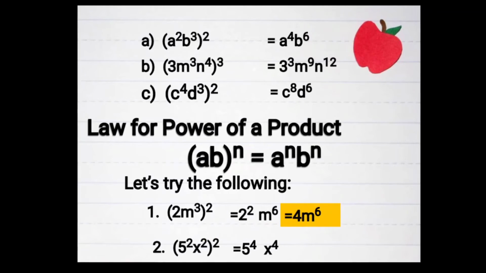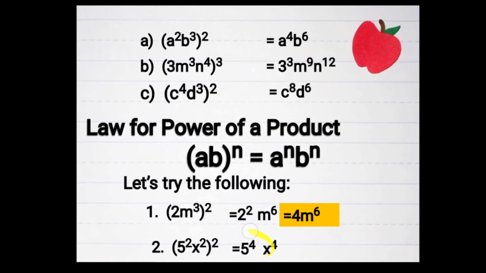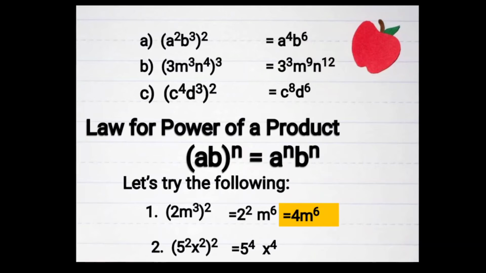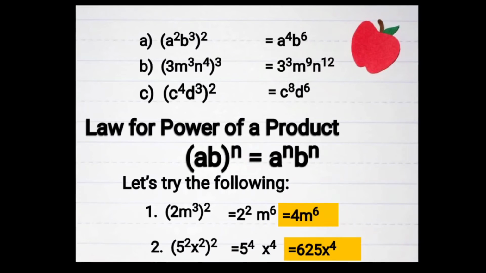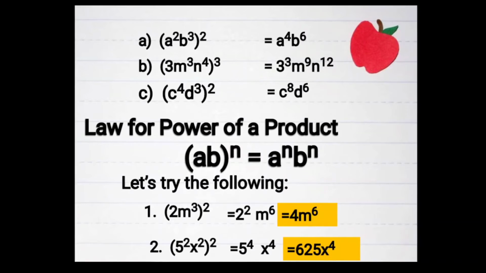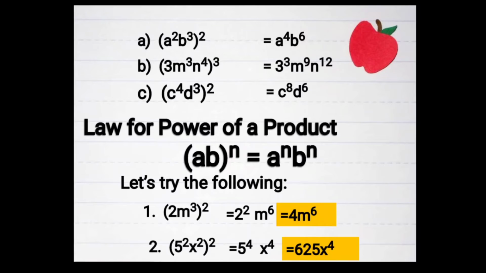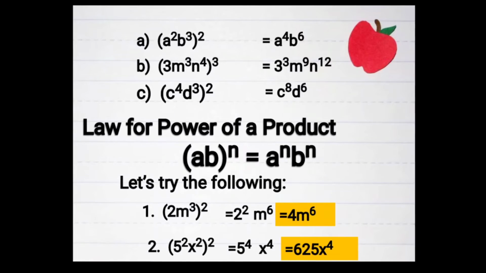That's why we have x raised to 4. Then let us simplify 5 raised to 4, and that is 625. Then copy x raised to 4. That's why our final answer is 625 x to the fourth power. For more examples, let us simplify the following.